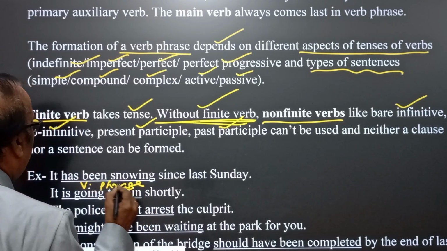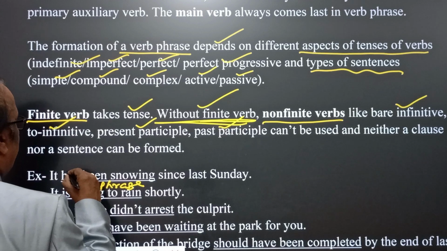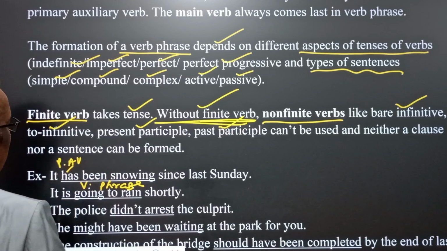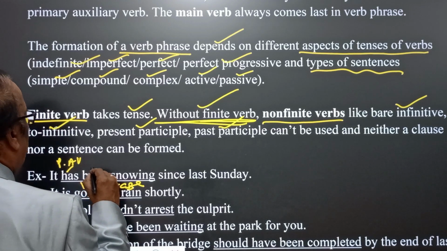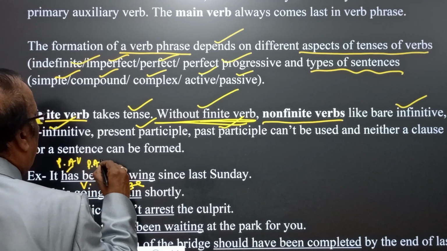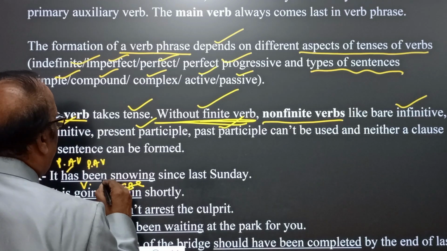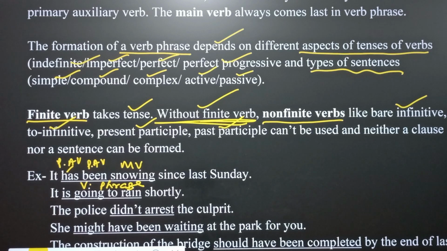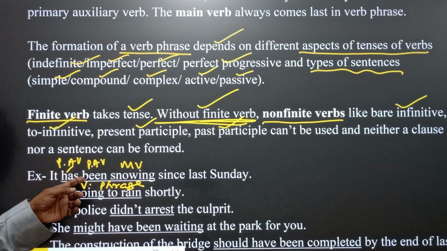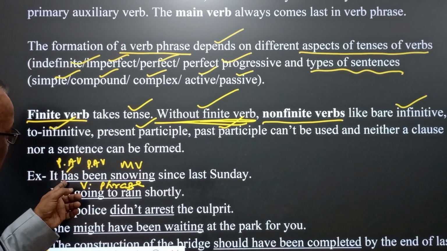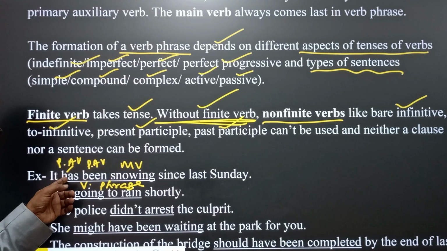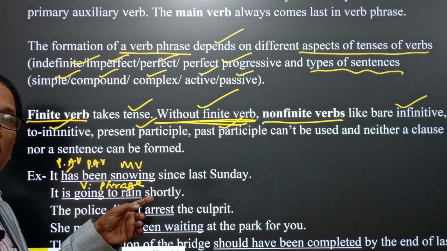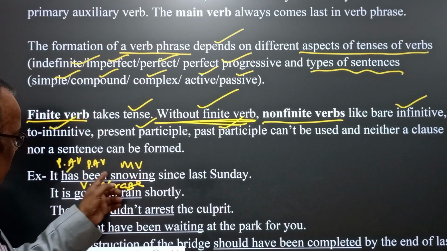In this verb phrase, we find has. Has is an auxiliary verb, a primary auxiliary verb. Been is also a primary auxiliary verb, and snowing is the main verb. Here we find main verb and primary auxiliary verbs: has comes from have, and been from the be verb, past participle, and snowing.